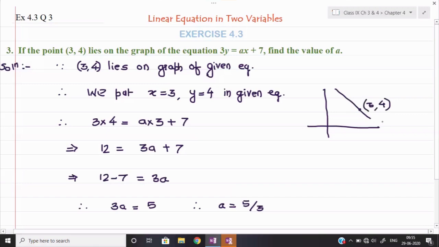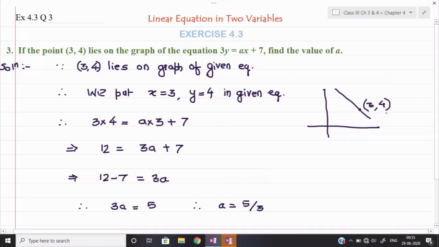Now this point (3, 4) will satisfy the given equation, because this line is made up of an infinite number of points and each and every point on the line will satisfy the given equation. So if you replace x and y one by one with all the points lying on this line, they will definitely satisfy the given equation. The same thing we are applying here.